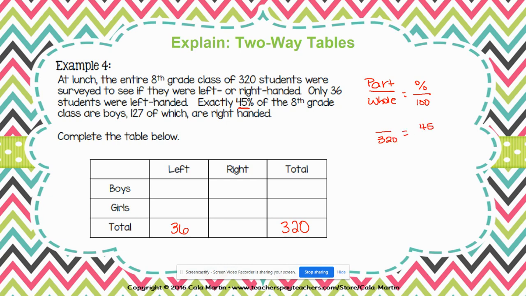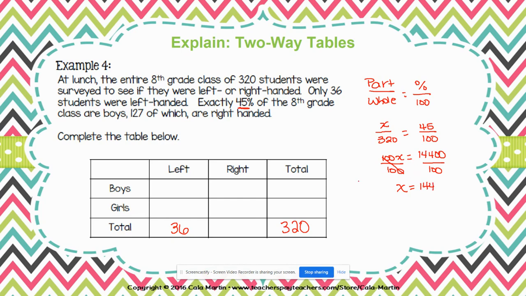My percent is 45 out of 100. What I don't know is what is that part? What is 45%? So I can cross multiply here, and x times 100 is 100x, and then 45 times 320 gives me 14,400. And now to get x by itself, I can divide by 100 on both sides. So those would cancel and leave me with x, and I would be left with x equals 144.